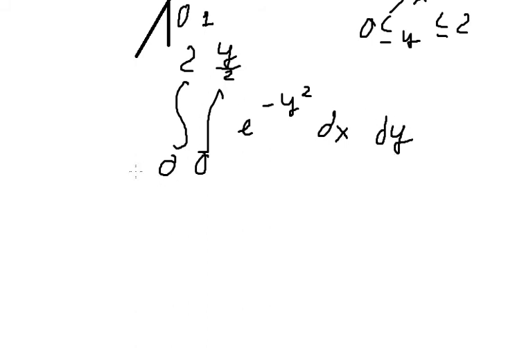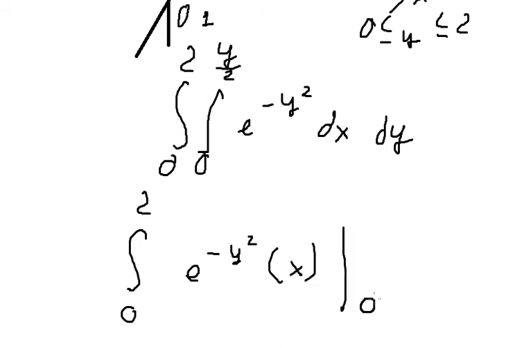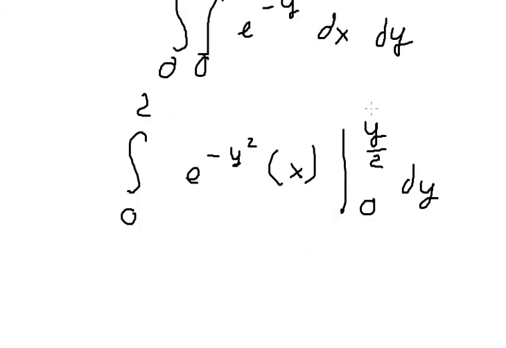And now we need to calculate this one. We don't have s, so the integration of this one, you get s, and we put the bounds from 0 to y over 2, dy. Now we put y over 2 in here, 0 in here.